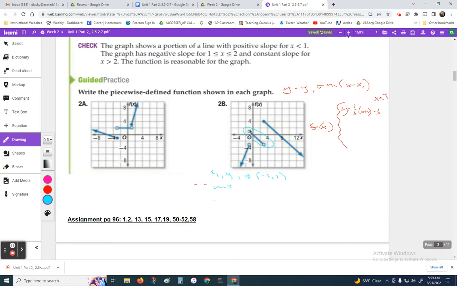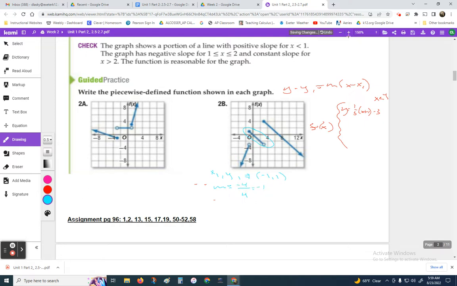And then my slope, remember each mark is worth 2, so this is 2, 4. So my change in x is 4. My change in y, 2, 4, is -4 because it's going down. So this is -1.